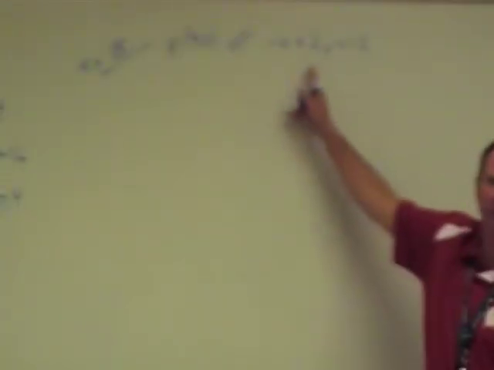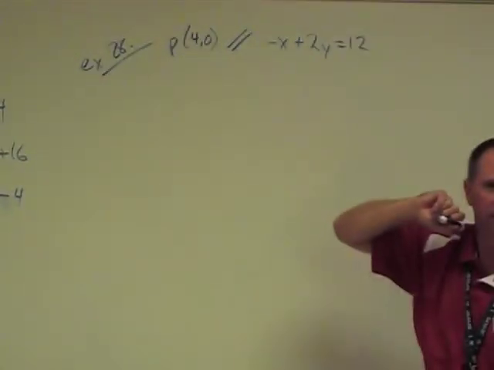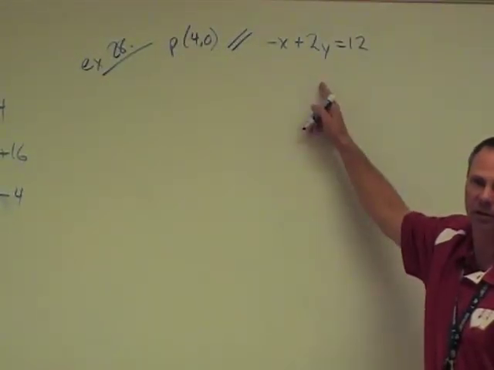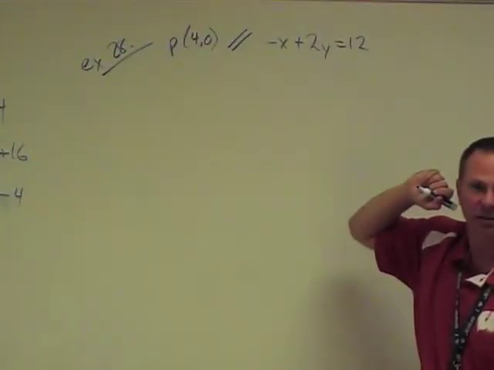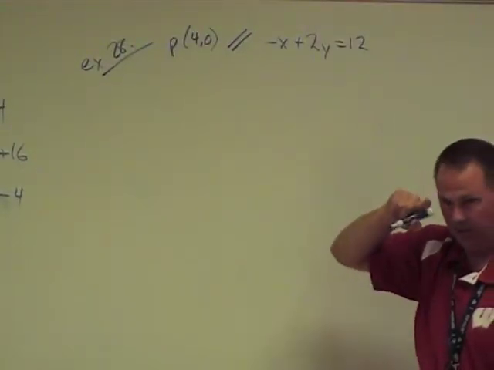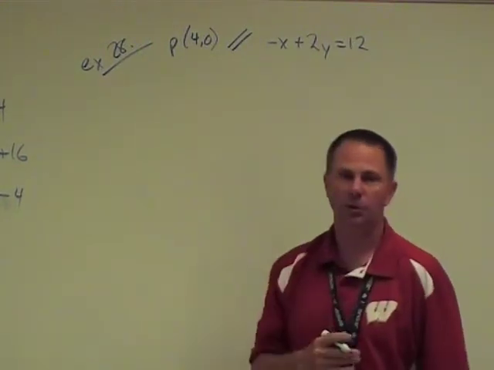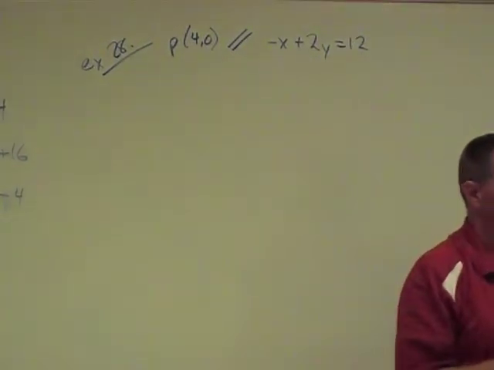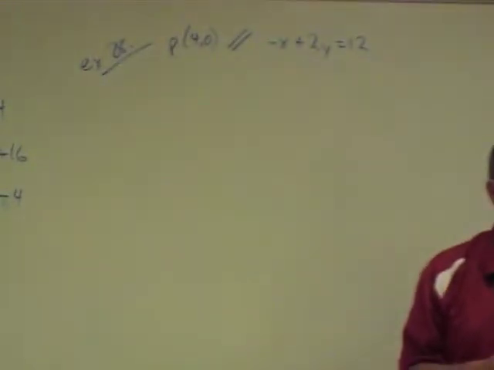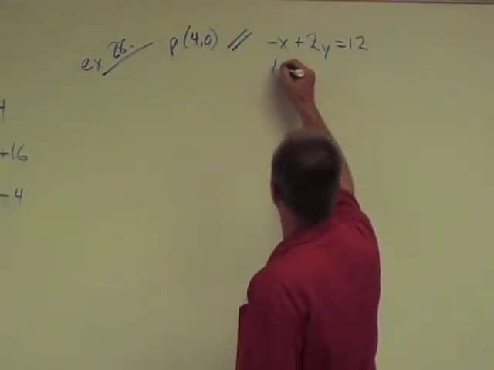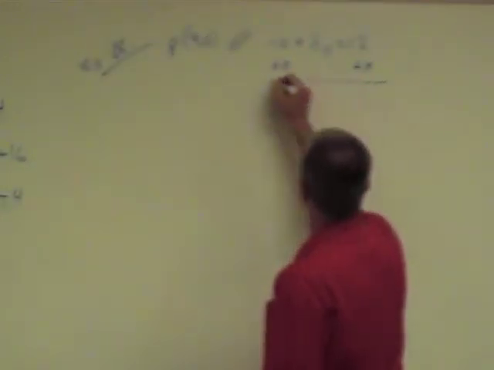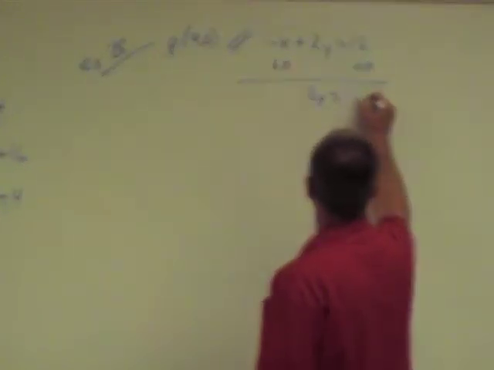So what is the purpose of this line? What do we need it for? Slope. How do I find the slope in this line? Put it in slope-intercept form. Everybody put it in slope-intercept form quickly, please. -1/2. Or +1/2.